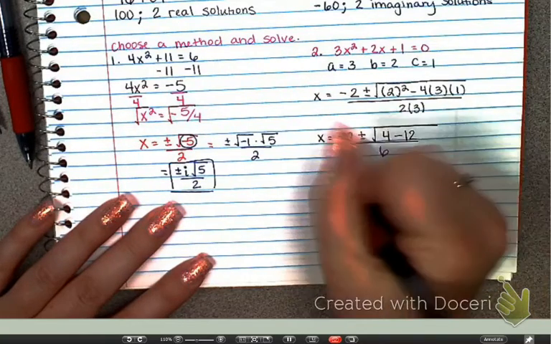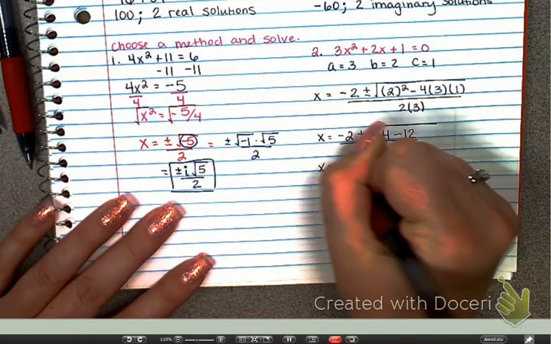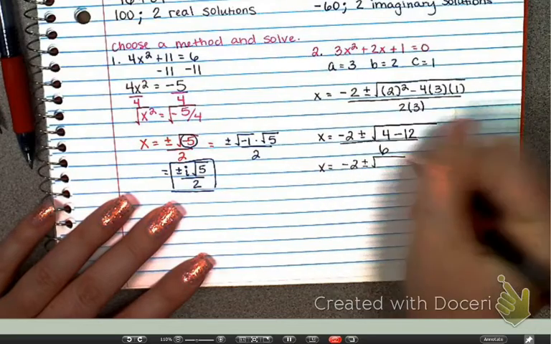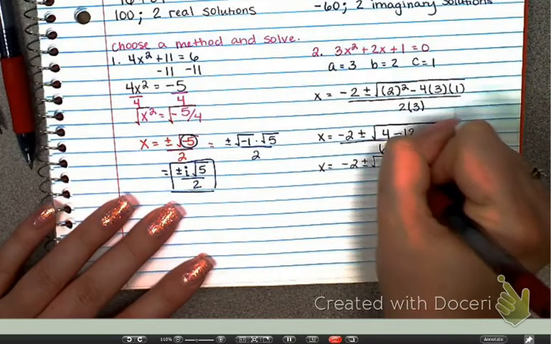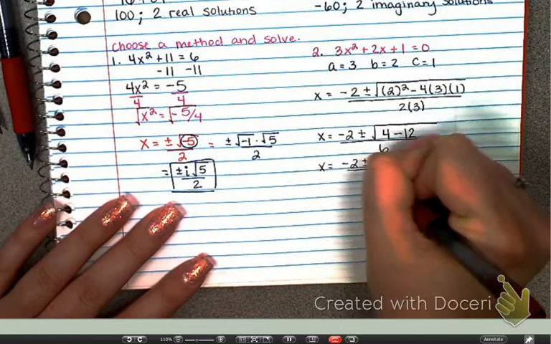I'm going to keep going. So x equals negative 2 plus or minus the square root, 4 minus 12 is negative 8, over 6.